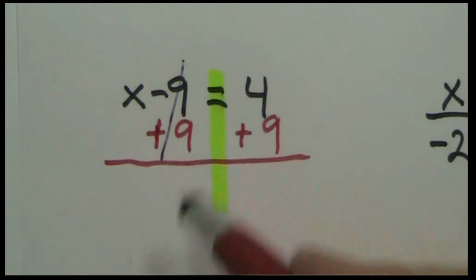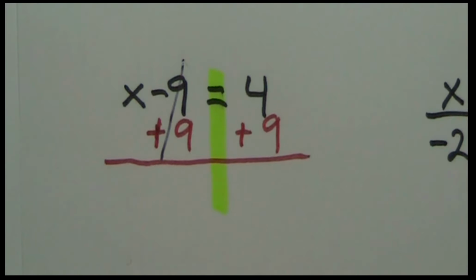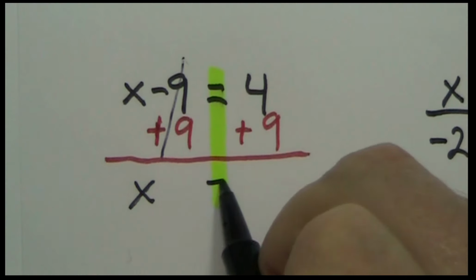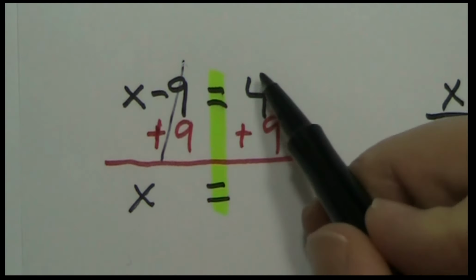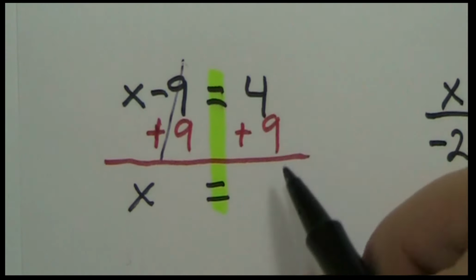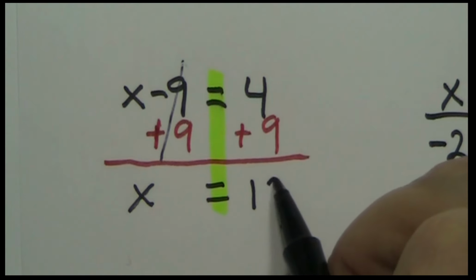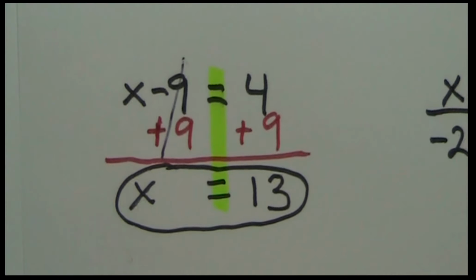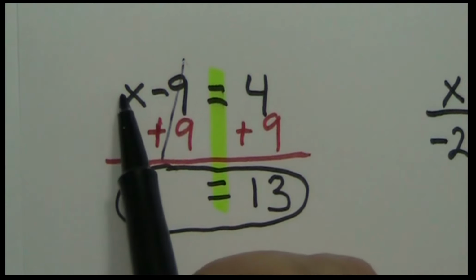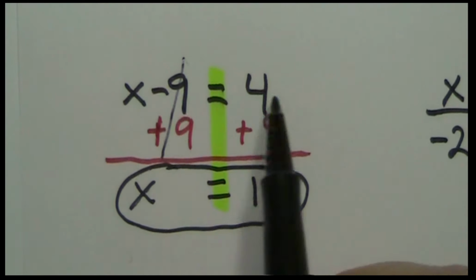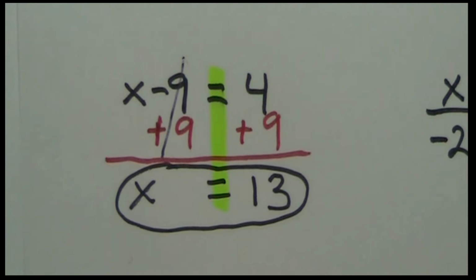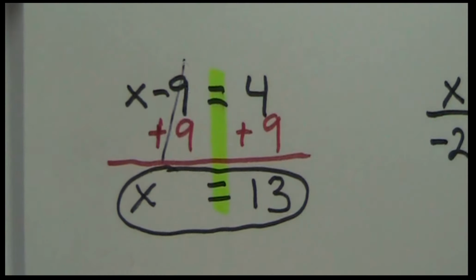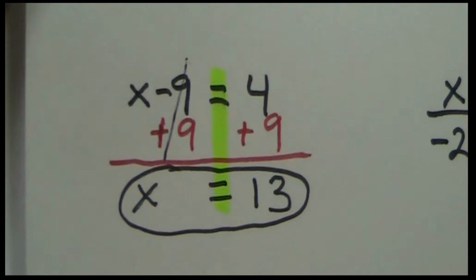That's why we added 9, to get rid of it, to eliminate it. And now you just have x. Bring down the equals. 9 and 4 on this side. 9 and 4 just makes 13. That's it. And that makes sense because 13 minus 9 is 4. That would be correct. All right, so we got rid of the constant.